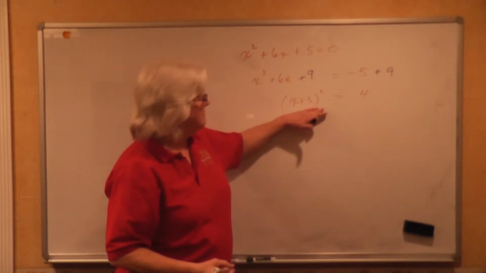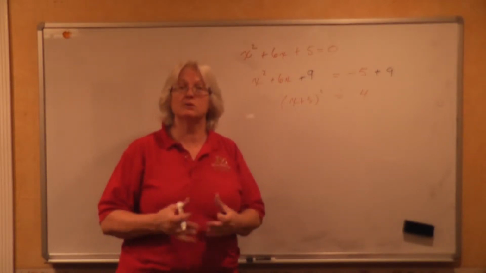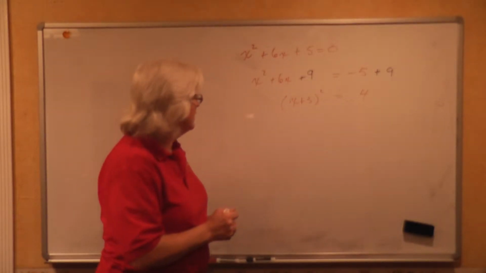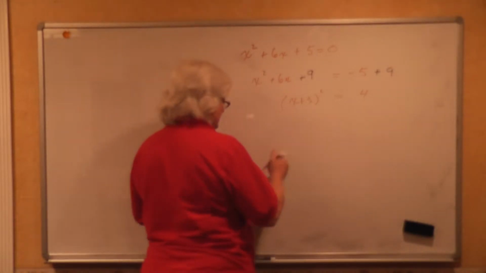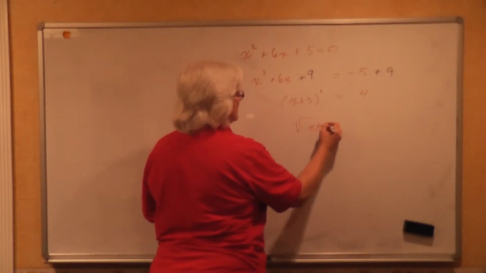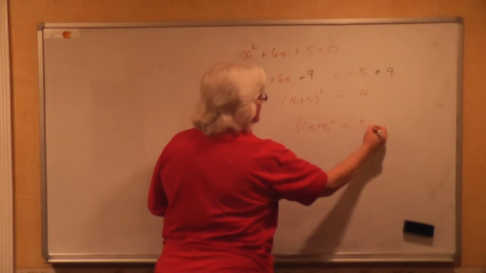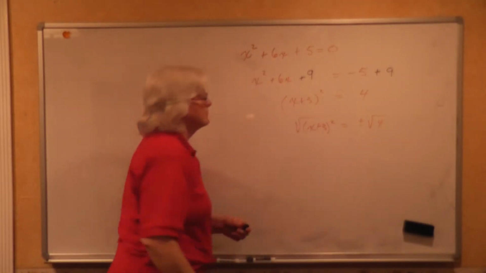Now we can use the method of taking the square root of both sides of the equation. When we take the square root of both sides of the equation, let me just go ahead and write this unnecessary extra step here, becomes plus or minus the square root of 4.